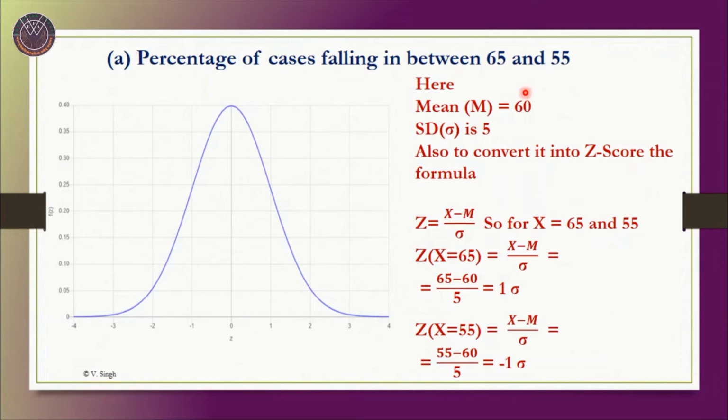If we want to locate this particular 1 sigma and minus 1 sigma in the normal probability curve, we can see that mean is in the middle and plus 1 sigma is at 1 standard unit in the right hand side, and the minus 1 sigma is 1 standard unit in the left hand side. So this 65 and 55 falls on these two particular points.